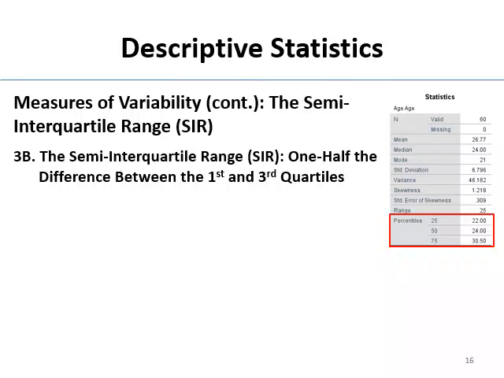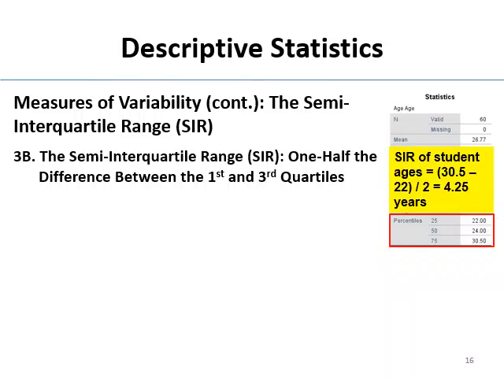So 30.5 minus 22, divided by 2, is going to be your semi-interquartile range, and that is 4.25 years. That is a measure of how spread out the scores are. Instead of 25, we'd say 4.25 years. That was the semi-interquartile range.